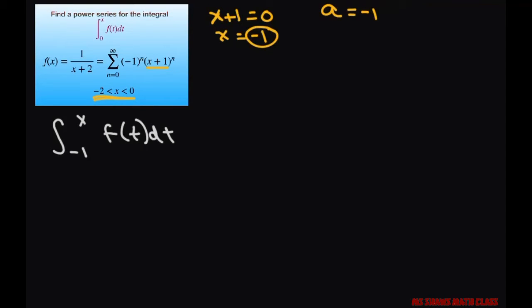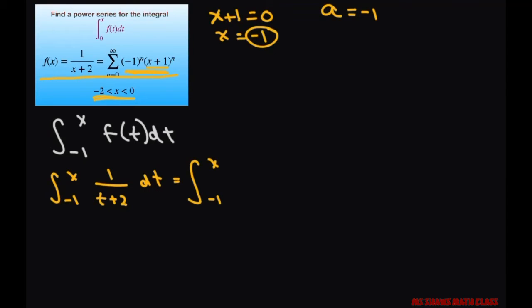So we're going to integrate both sides of our equation here. We're going to go from the integral of -1 to x, and we're going to write this as 1 divided by t plus 2 dt, which equals the integral from -1 to x, and now we're going to expand this.